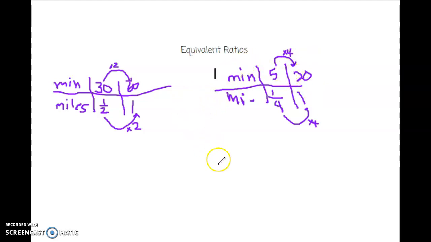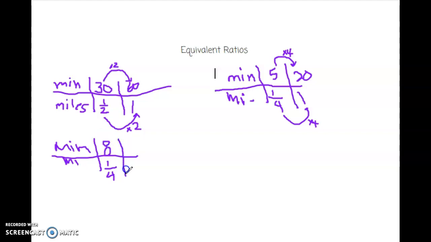Let's keep going. If a student walked 1/4 of a mile in 8 minutes, how fast was he walking? What was his pace per mile? Minutes over miles. Going back to the problem, it was 1/4 of a mile in 8 minutes.